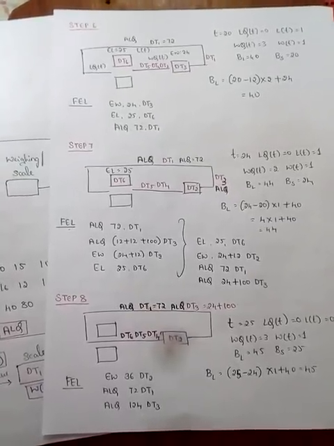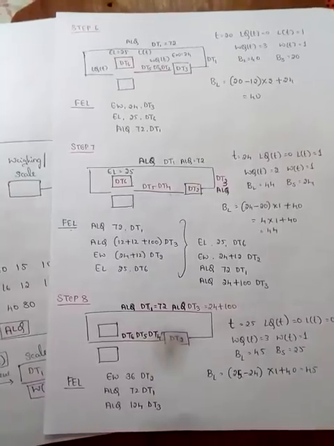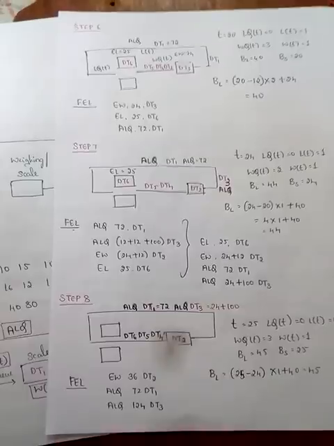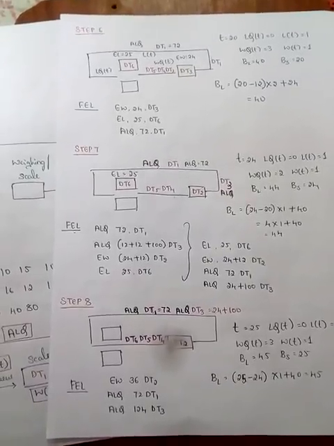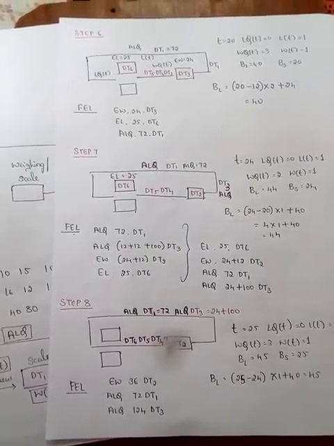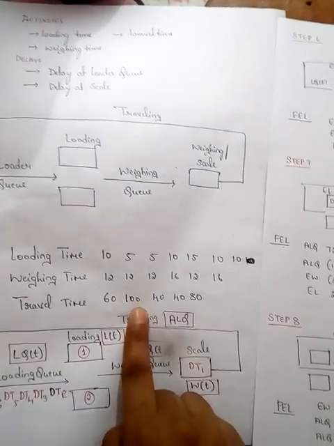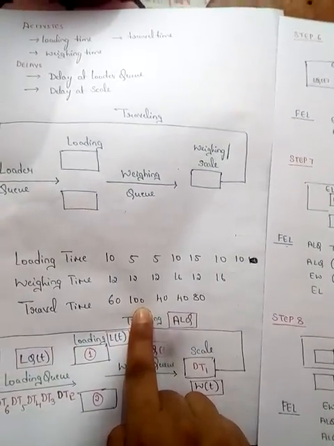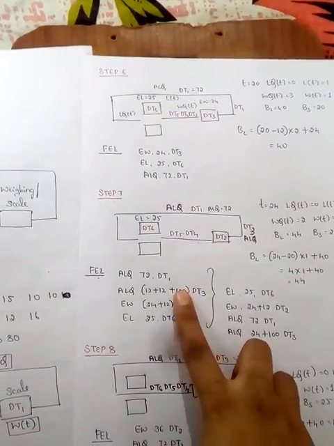Now how to calculate the DT3 value? The previous traveling time of DT1 was 72. Now my EL value or EW value of DT3 was 12. Now I have to come for travel time, which is 100. So my travel time is 100.